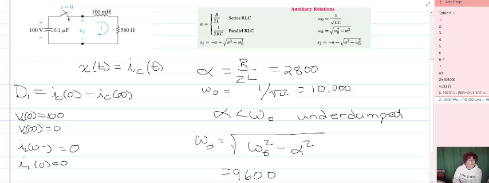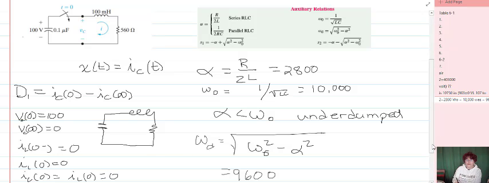So at 0, when we have the switch action, our capacitor and inductor are in series, so they have to have the same current. And so IC of 0 has to equal IL of 0, which has to equal 0.